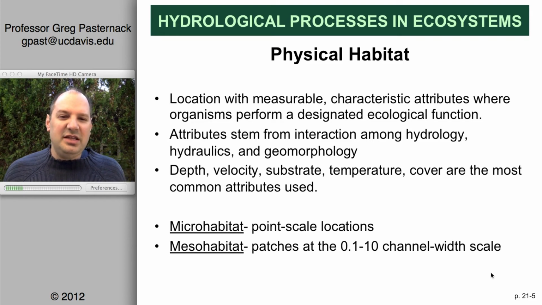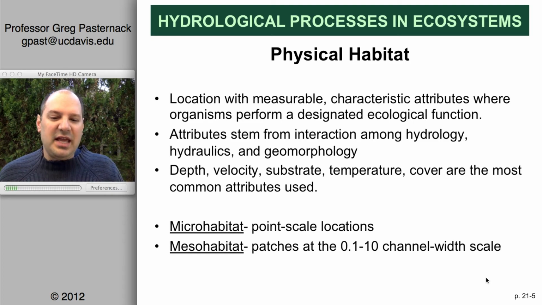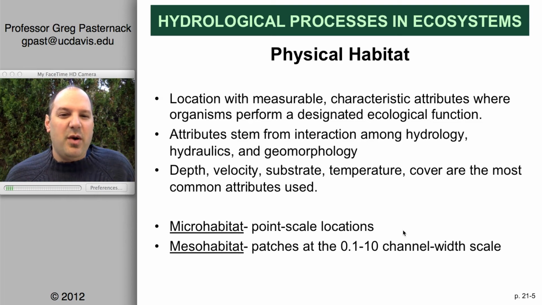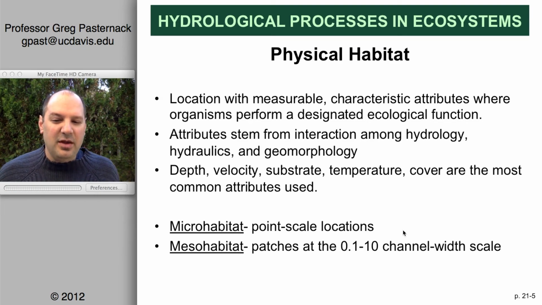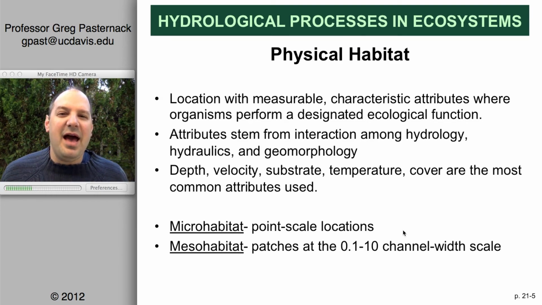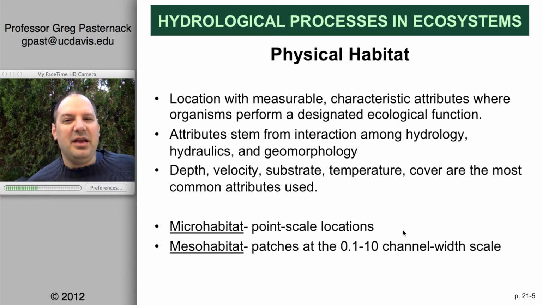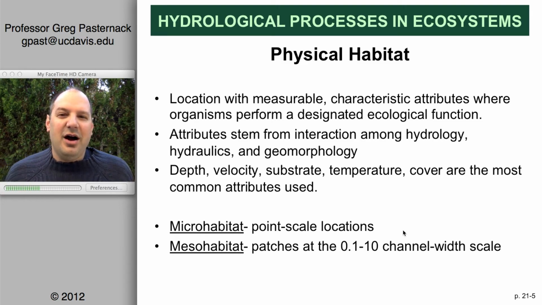And we tend to look at these metrics at two different spatial scales. One is the point scale. If I look at, say, a 1 meter by 1 meter square on the ground, that's what we would call microhabitat. Whereas if I'm looking at something that's about half a channel width to 10 times channel width, and there's some flexibility there.